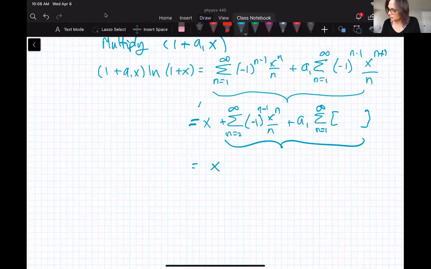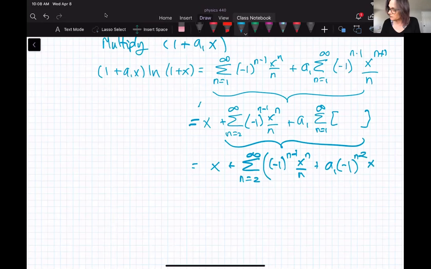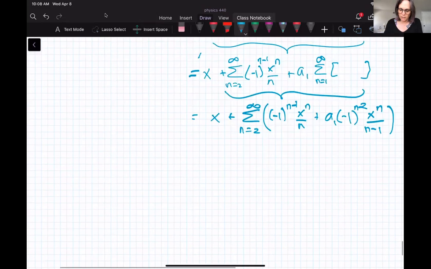This is x plus the sum from n equals 2 to infinity of minus 1 to the n minus 1, x to the n over n plus a1, and then we just rewrite the superscripts, so a minus 1 to the n minus 2, x to the n over now n minus 1, right? Just because we've just changed the indices. Everybody with me? Just a bunch of algebra, but it does pay off.